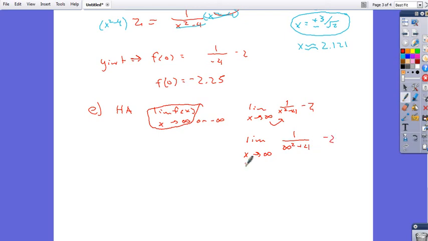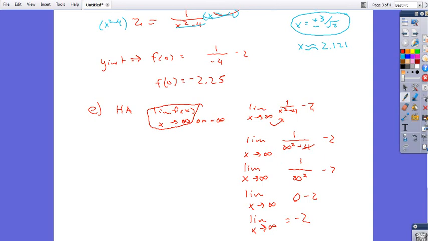If infinity is on the bottom of the fraction, a number over infinity is essentially 0. So the limit as x approaches infinity is 0 minus 2, which equals negative 2.